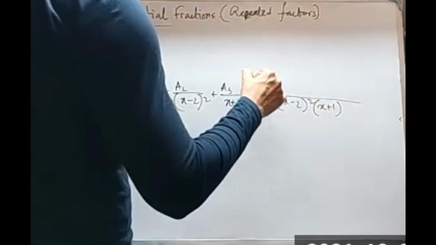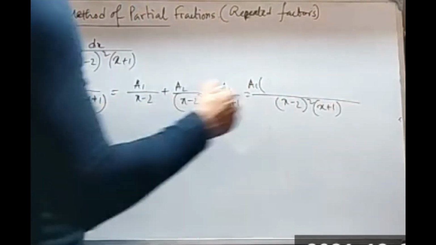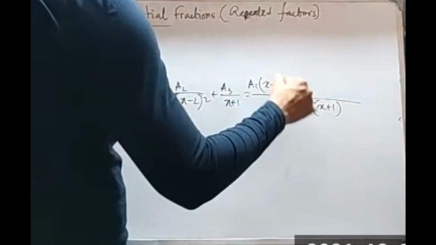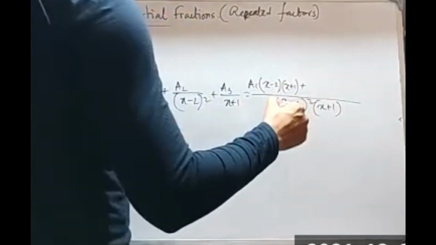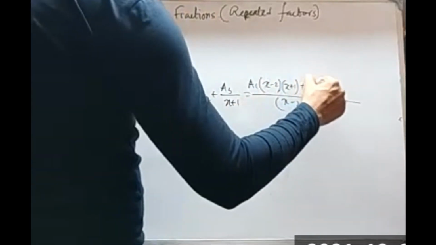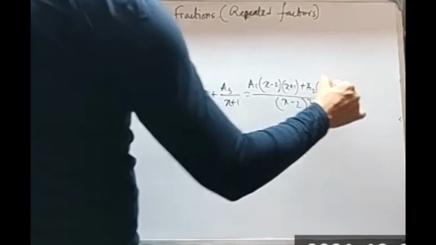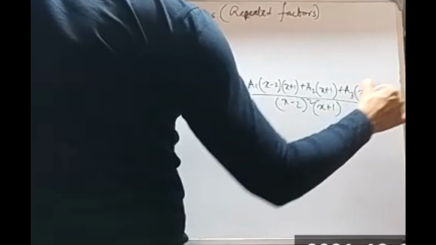So for A1, we have x minus 2 into x plus 1. For A2, x minus 2 whole square, so only x plus 1 will come. And for A3, it will come as x minus 2 whole square.